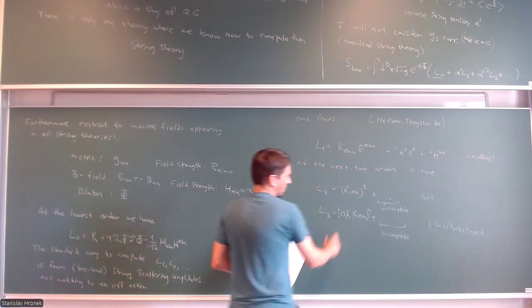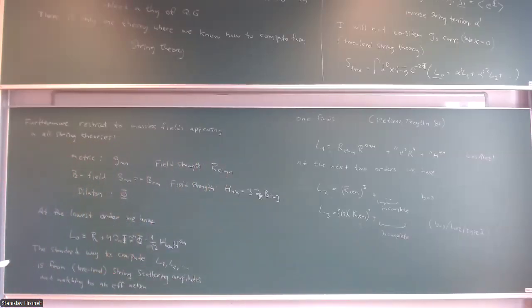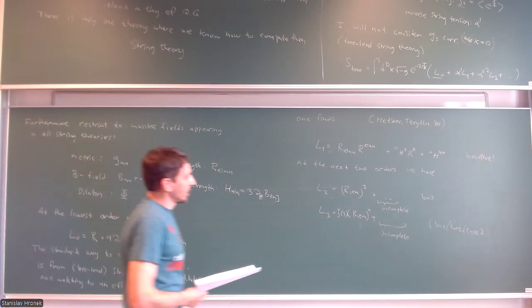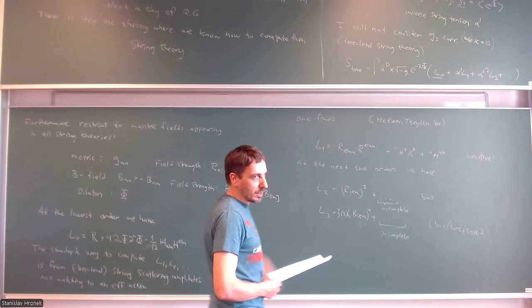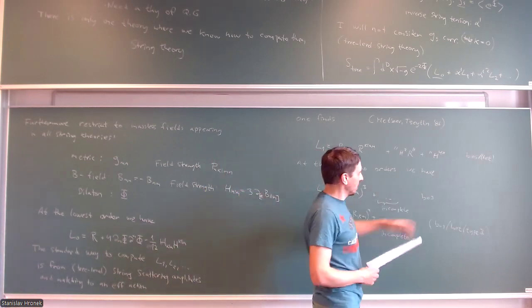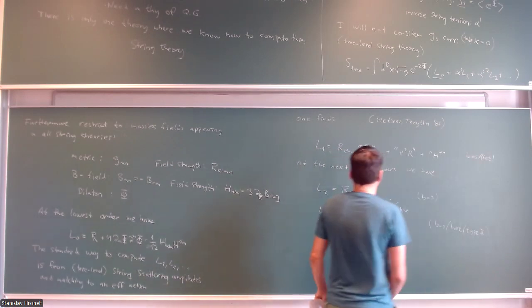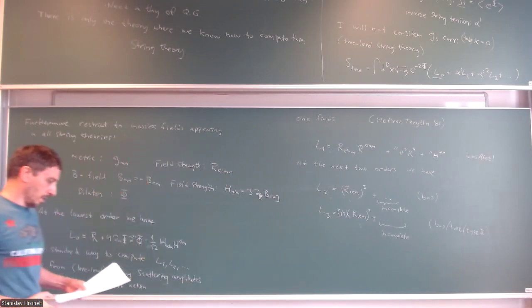So this correction is very interesting because it's in fundamental string theories. But we will also be interested in this correction because it's simpler. We can learn something looking at it, even though we're not ultimately interested in the bosonic string. We can still learn something by looking at the corrections in that case.